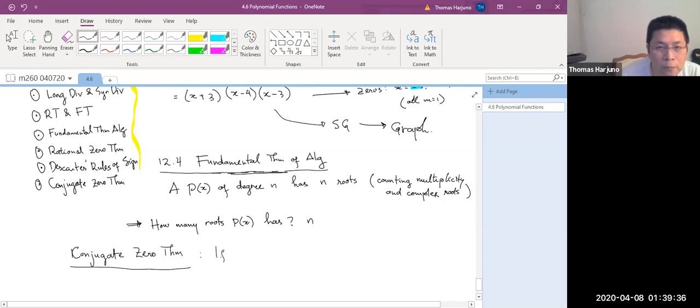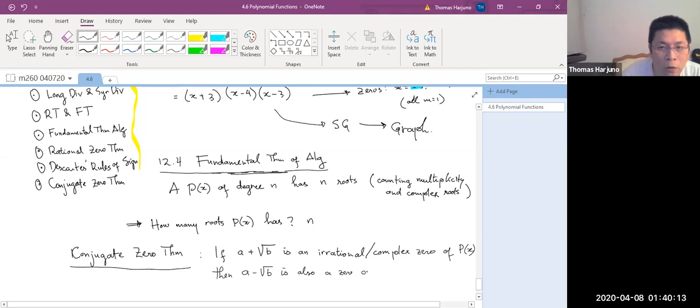If a plus square root of b is an irrational or complex zero of P(x), then a minus square root of b is also a zero of P(x).